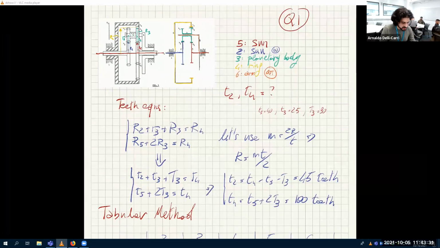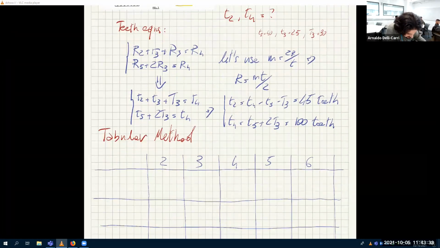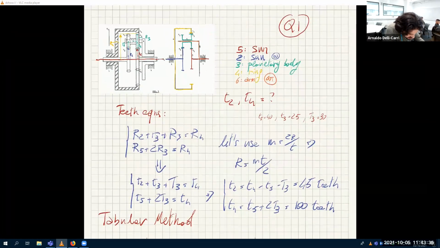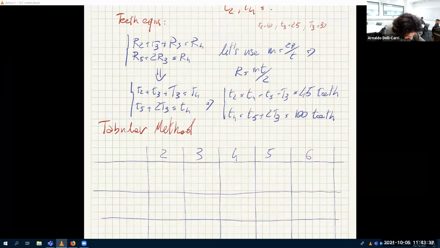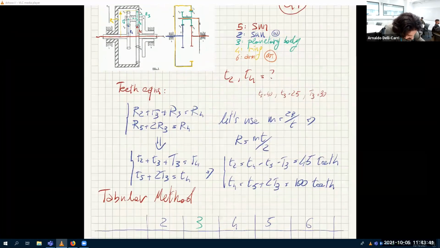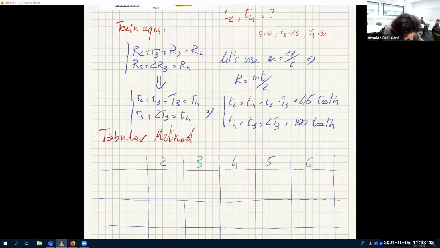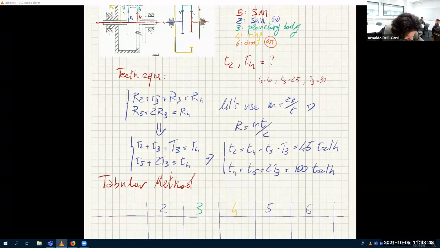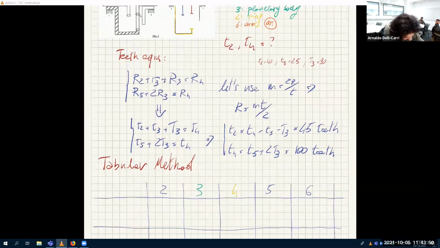Let me color code these. So we have 3, we said is green. 4, we said is yellow. 5, we said is red. And 6, we said is orange.